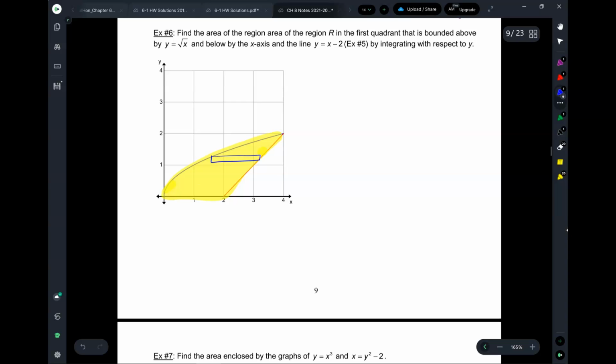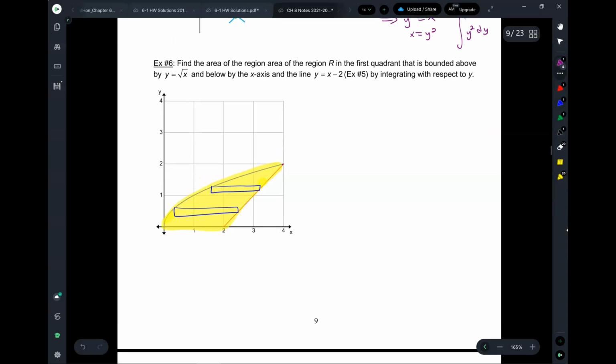If I have one rectangle there, the base to the right is that red line. To the left, it's the blue graph. If I do it here, same situation: right, red; left, blue.